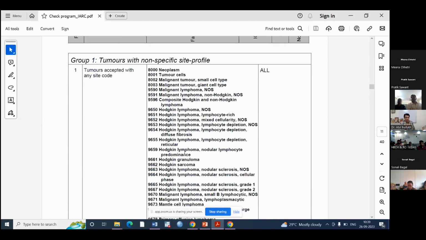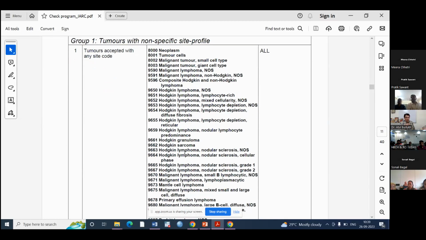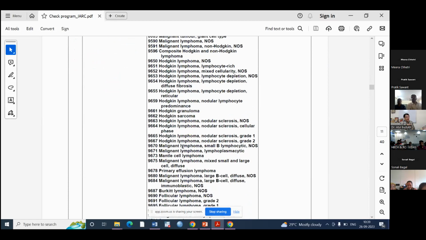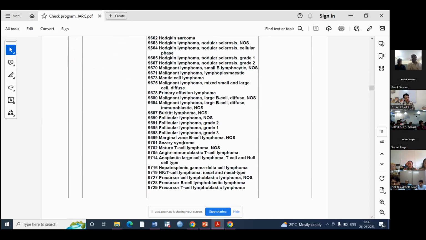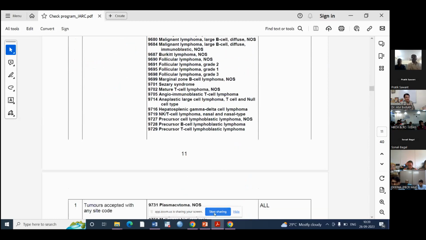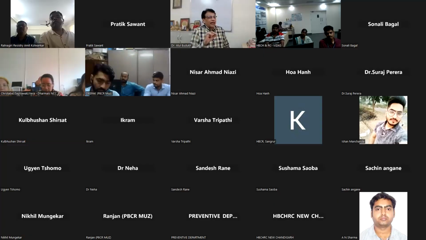Your data should be accurate, and you regularly check your data quality by applying the different logical operators of Canrage 5, as well as site histology, you check by the IRC check program. Is it clear? So this was the message, and Pratik has shown you how to apply the IRC check program, and it should be every 15 days.